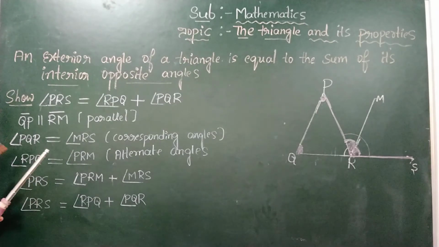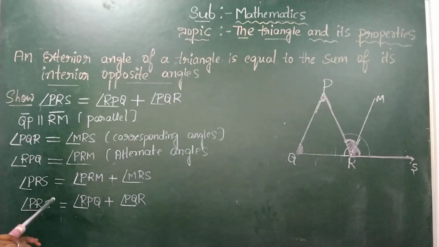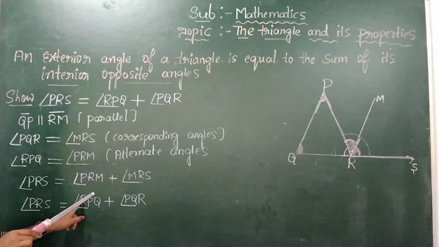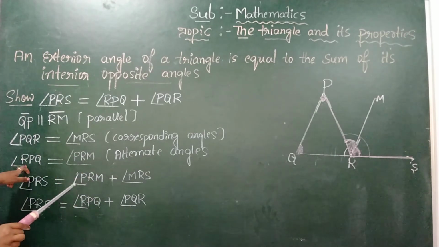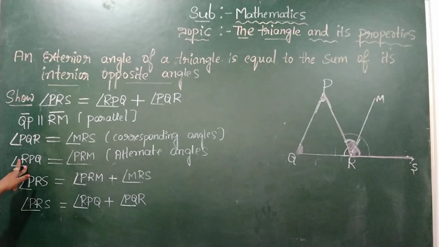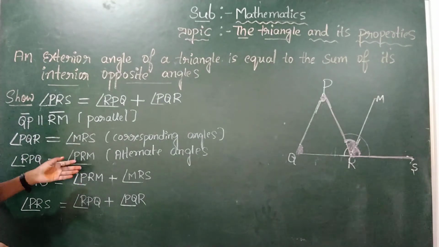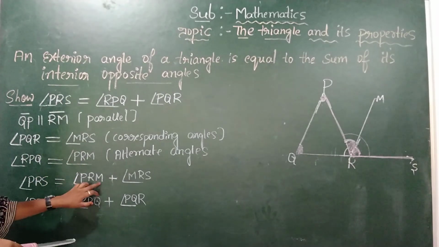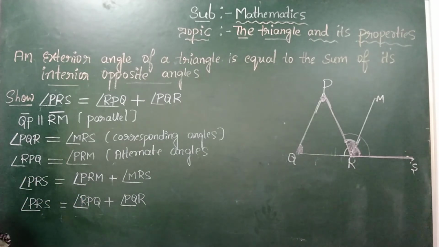Now I will replace this PRM with RPQ, because PRM is equal to RPQ as those two are alternate angles.